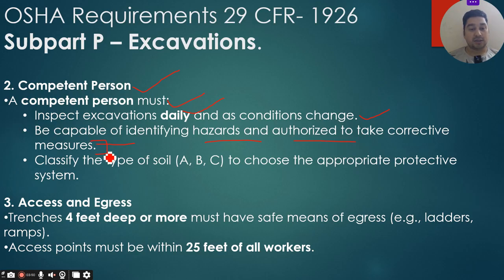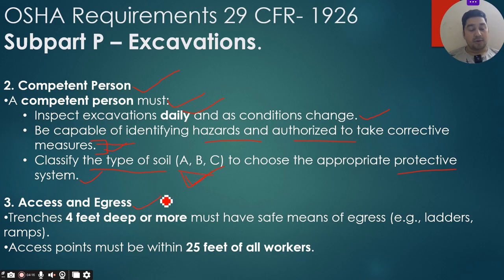That is the OSHA requirement for the competent person. The competent person should also be able to classify the type of soil as A, B, or C to choose the appropriate protective system, because soil condition is very important before suggesting any protective system. So as per the soil classification, you have to choose the protective system.